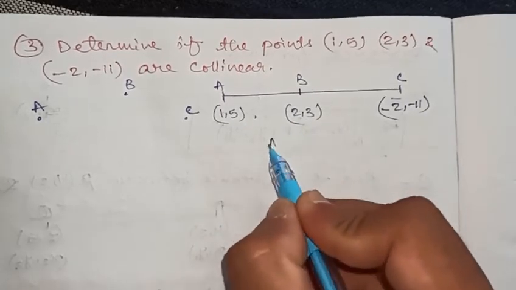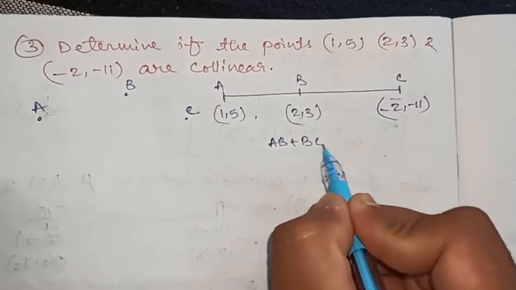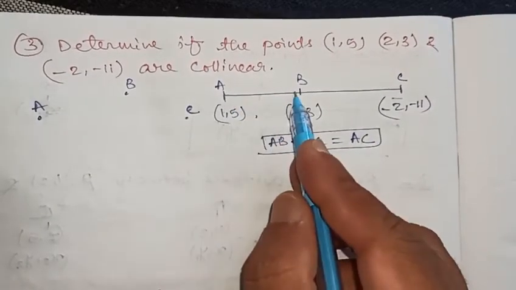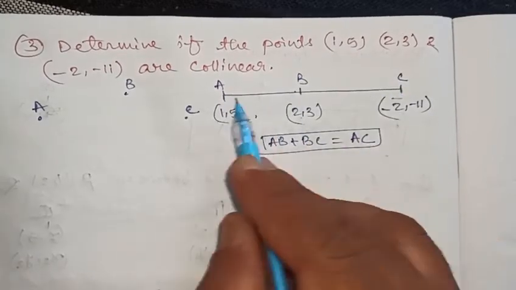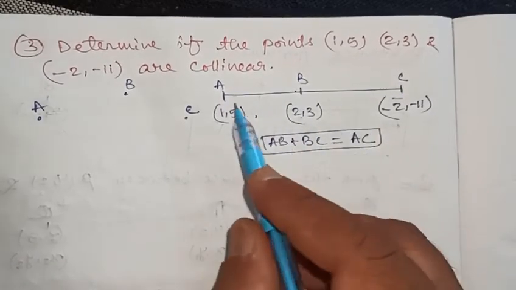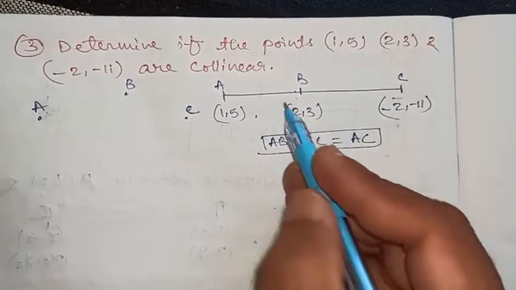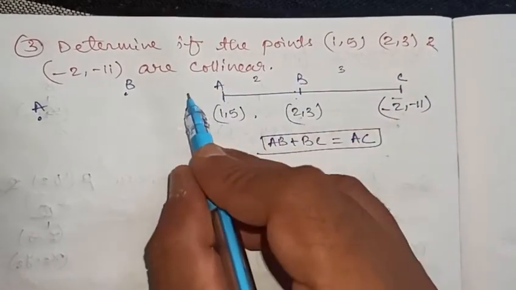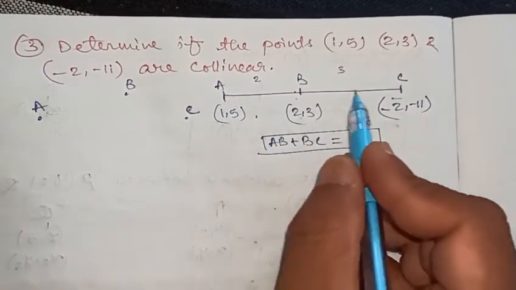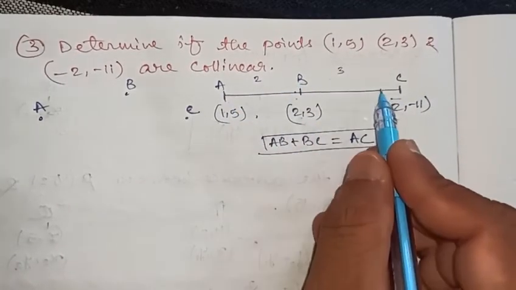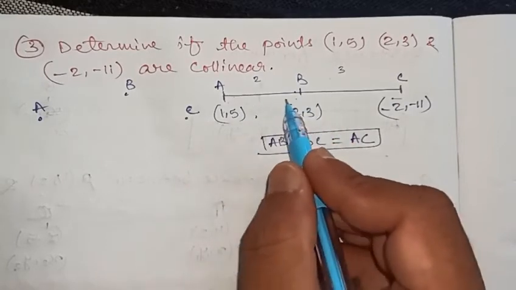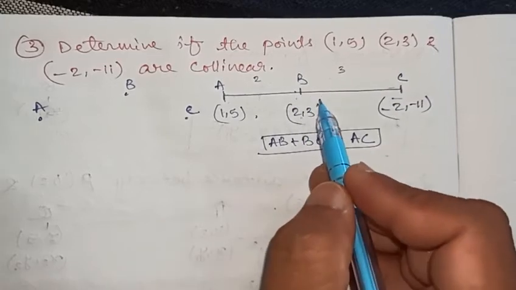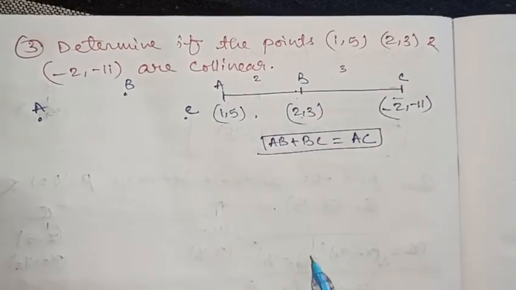If the distance AB plus BC gives us AC, then all the 3 points are collinear. Suppose this is 2 cm, this is 3 cm, then definitely AC must be 5, because 2 plus 3 is 5. If we are getting more than 5 or less than 5, if we are not getting 5, it means ABC are not collinear. So we will solve the question.